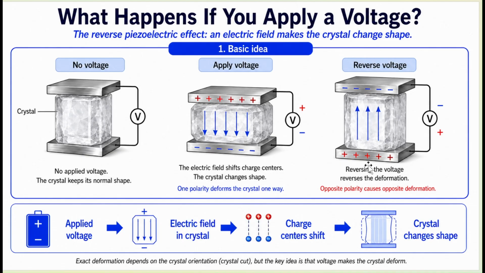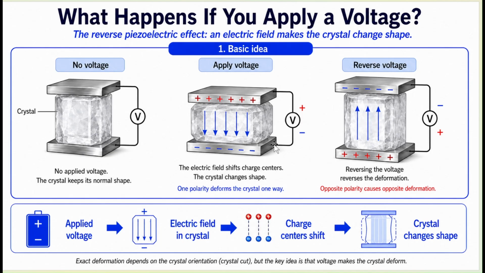This is the source for the ultrasonic sound in the sensor, okay? So if the ultrasonic sound, for example, is at 40,000 hertz, or 40 kilohertz, then we give an AC voltage to the plates at 40,000 hertz, so it's changing 40,000 times per second. That will deform the crystal 40,000 times per second and vibrate, and that vibration creates a sound, okay?